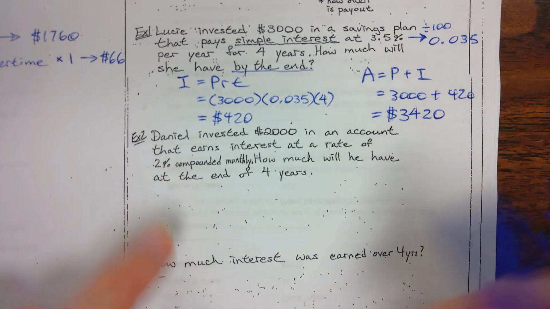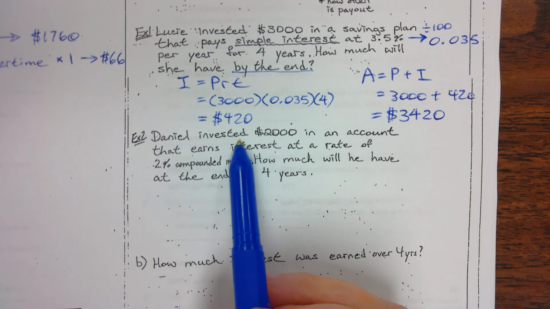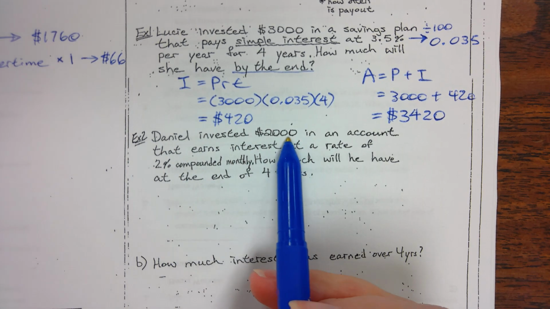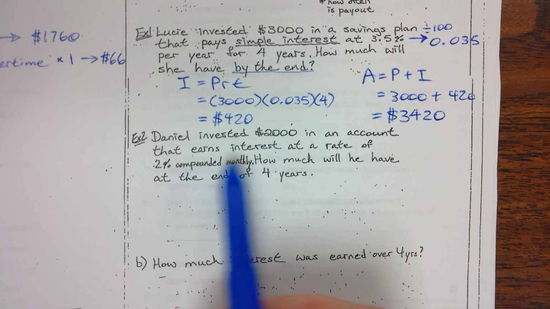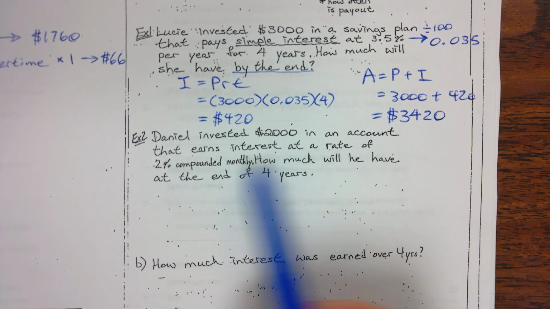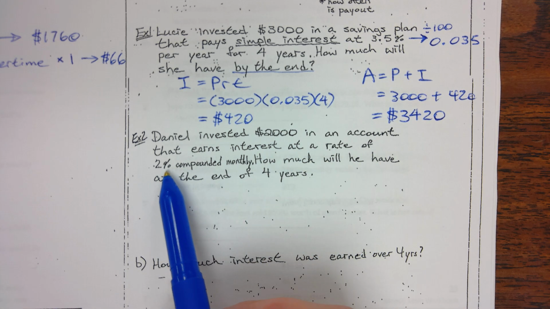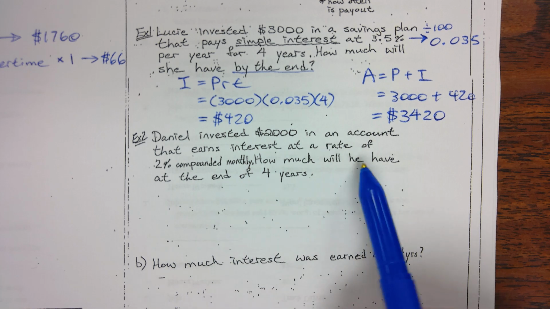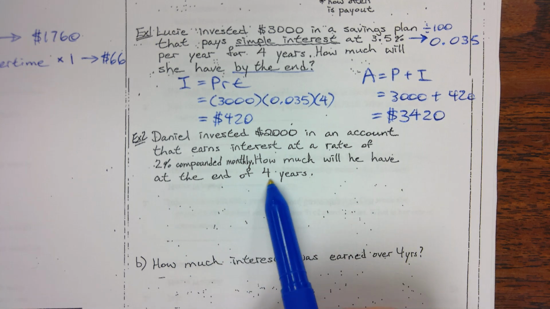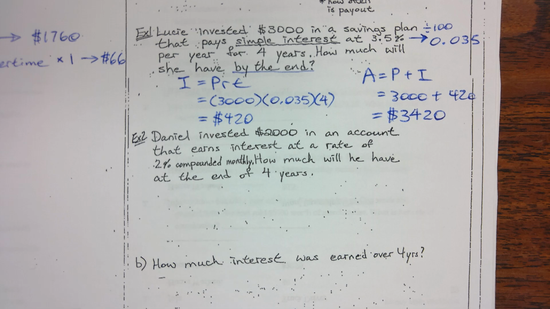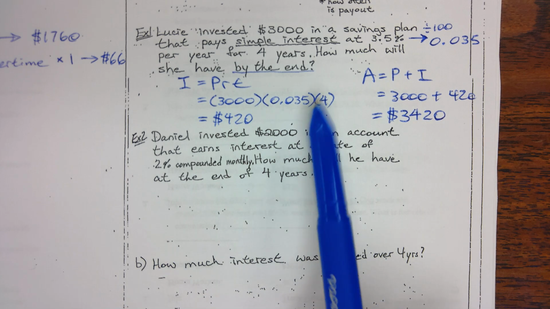Example 2: Daniel, on the other hand, invested $2,000 in an account that earns interest at a rate of 2% compounded monthly. How much will he have at the end of 4 years? Okay, so notice this one.